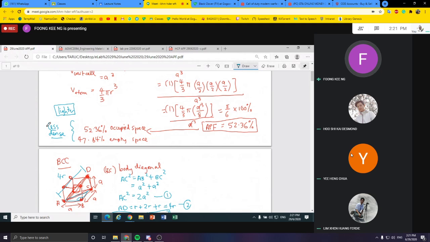So now, do you see this? Is this asked in the question? No, this is extra. This means you analyze the findings of your value. When the material is more dense, the packing density will be higher.